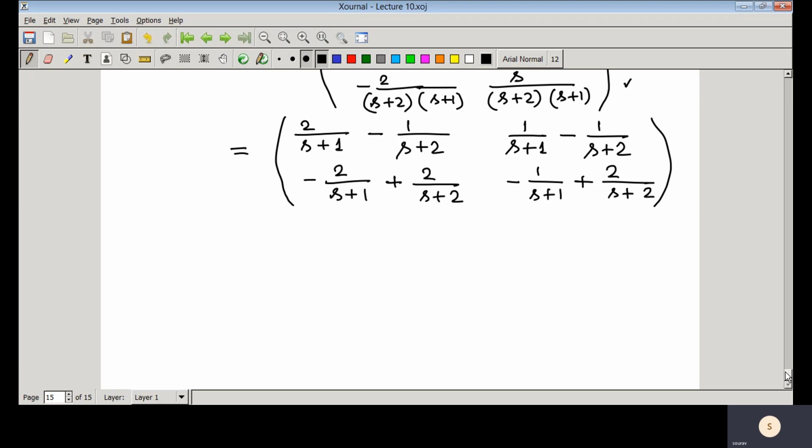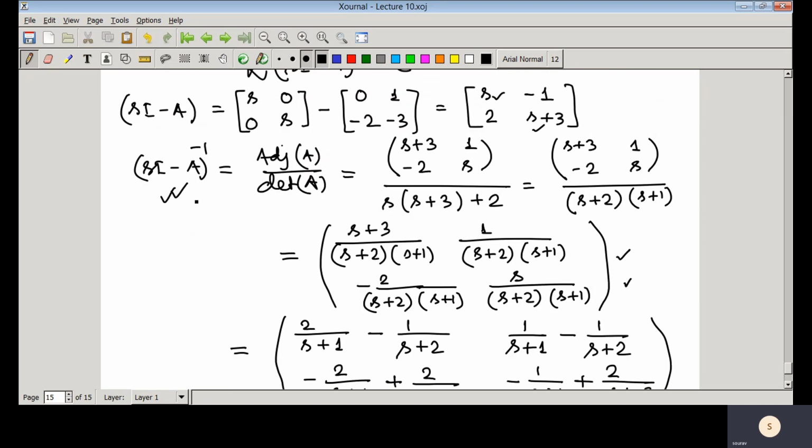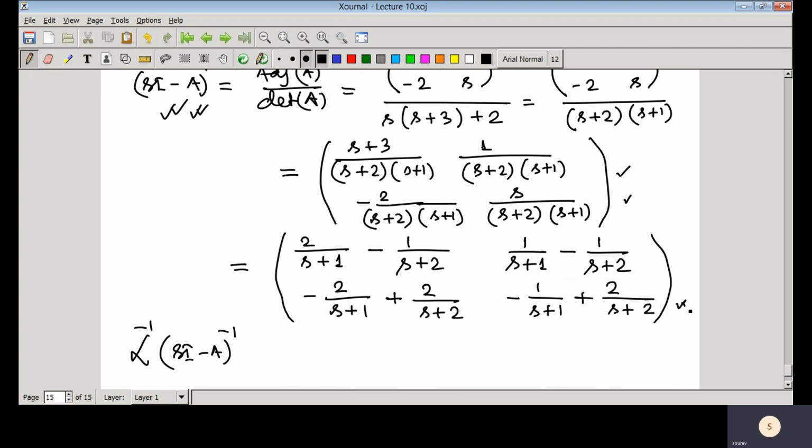Now what is the Laplace inverse of (sI minus A) inverse? You know that this gives e to the power At. So you need to take the Laplace inverse of each term. There are 4 terms.